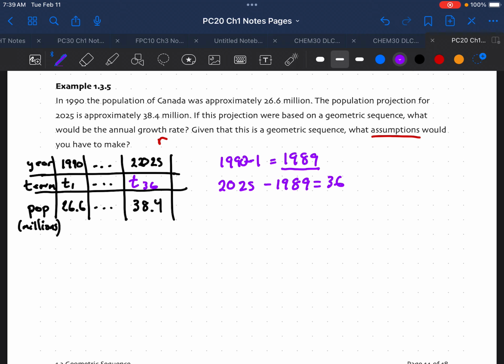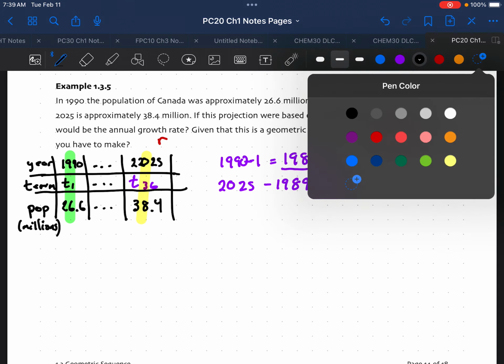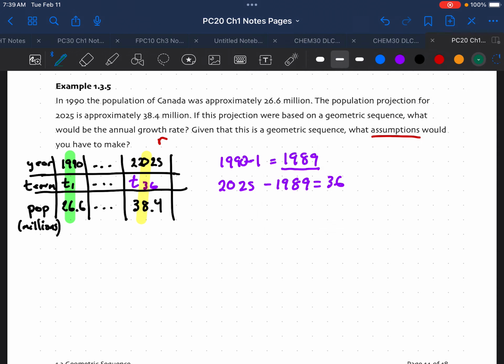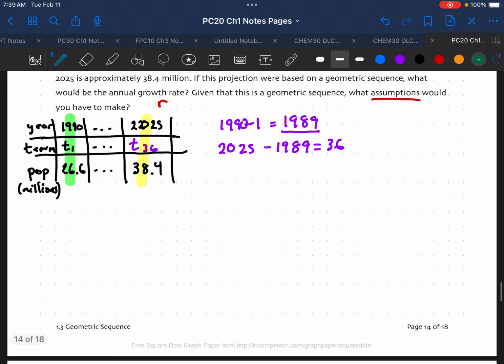Now again, I know my first term, I know my 36th term, I need to find the common ratio. I have 2 pieces of data. Got my first term, got my 36th term. We are going to use 2 equations again. So let's just remember our formula.